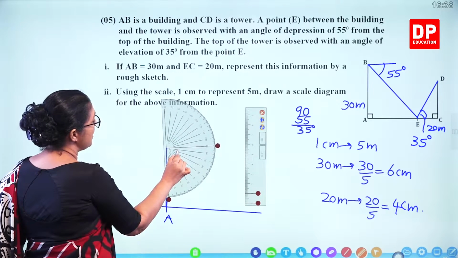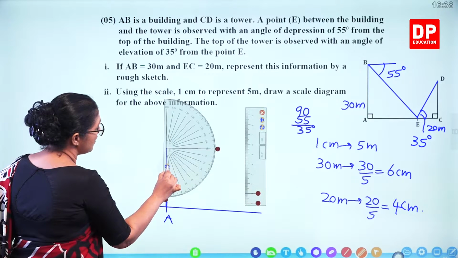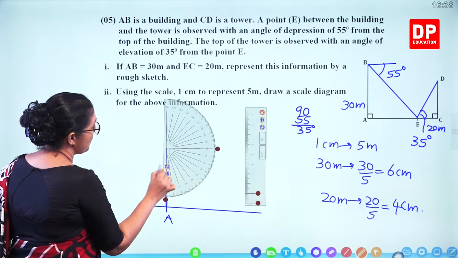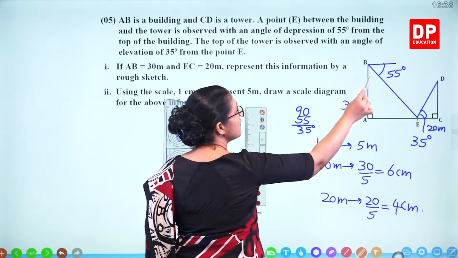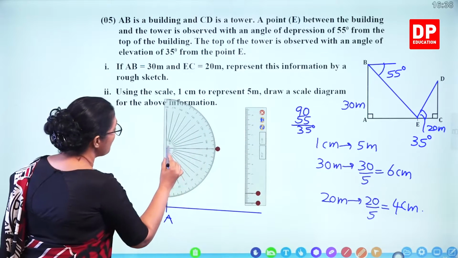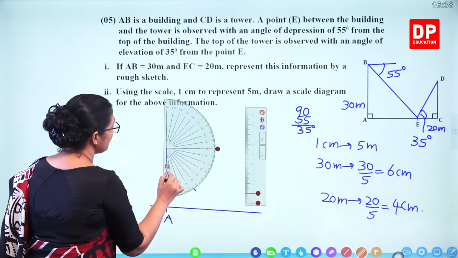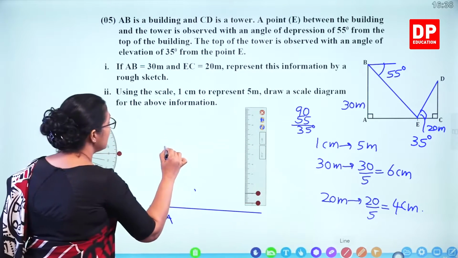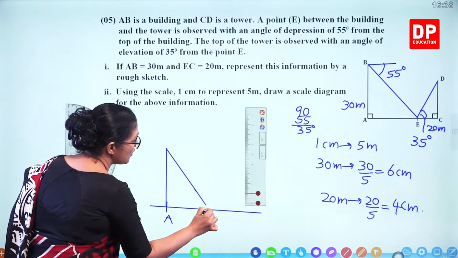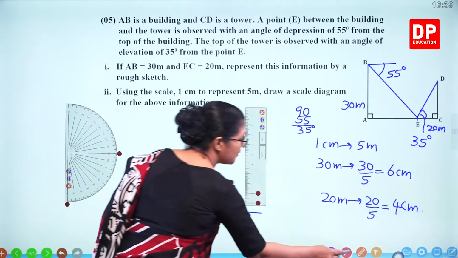Here this is the B point and we can mark 35 degrees here. So we can mark from here 35. Now we can draw the line here to this one. So that's the intersecting point E here.